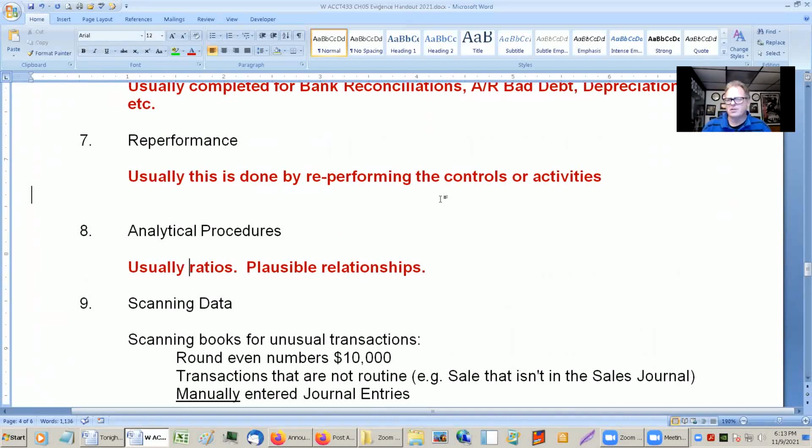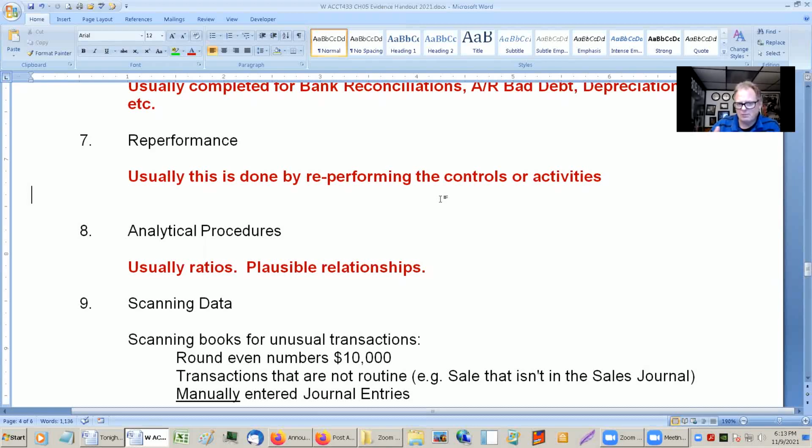So they're usually ratios, it could be financial ratios, it could be non-financial stuff. It could be how many, does it make sense, the number of, for instance, the square footage of the store compared to the sales? There's a store that has 20,000 square feet that's doing business that should take 200,000 square feet or whatever it is. So you're also looking for plausible relationships between, it could be financial data or it could be non-financial, the square footage of a store.